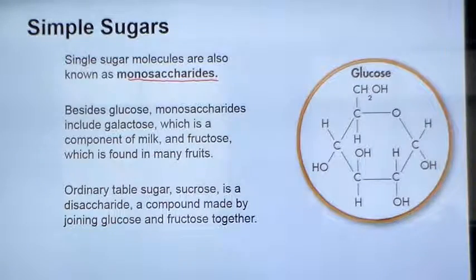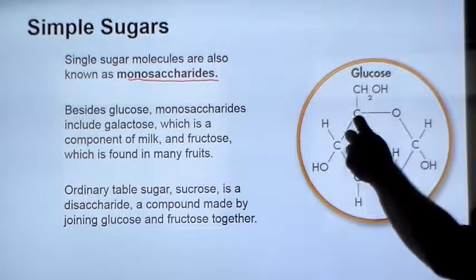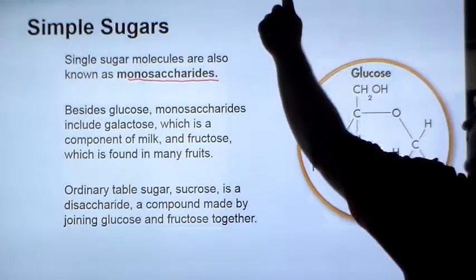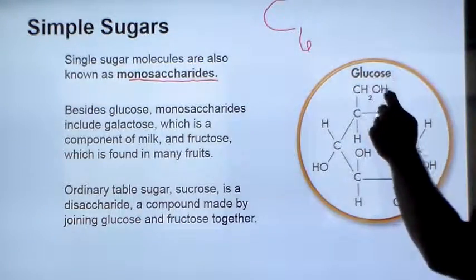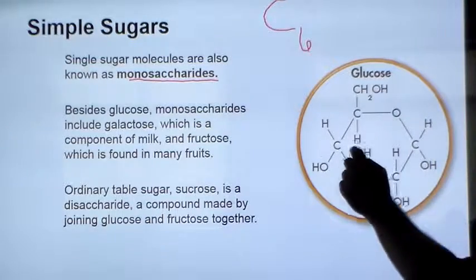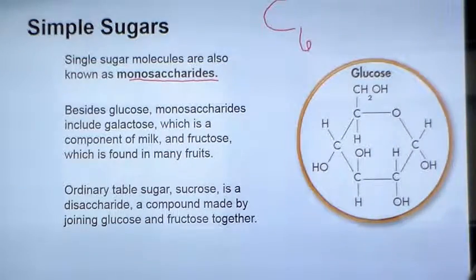Glucose is the simplest form. And the formula for glucose, as you can see, we're talking about a 1-to-1 ratio. We have 1, 2, 3, 4, 5, 6 carbons. Our oxygens, 1, 2, 3, 4, 5, 6 as well.